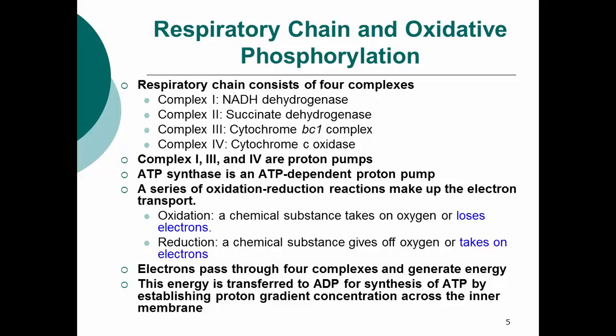This proton gradient contains energy, and this energy can be transferred to ADP to generate ATP, all right? So the proton gradient is very important. Only complexes 1, 3, and 4 function as proton pumps, pumping protons out of the mitochondria and generating the proton gradient, right?